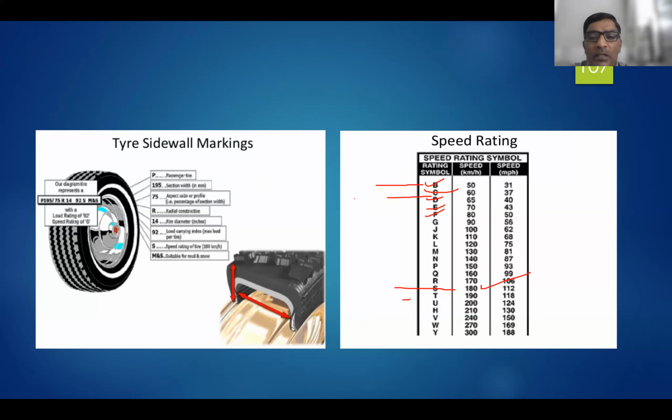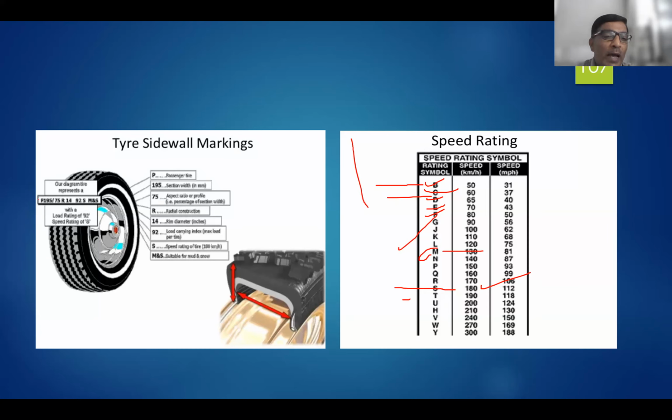It is denoted by one of the alphabet letters, and depending upon that letter, this is the standard table. If M is there, there will be a particular speed. If S is there, there will be a particular speed. All these things are mentioned on the tire.